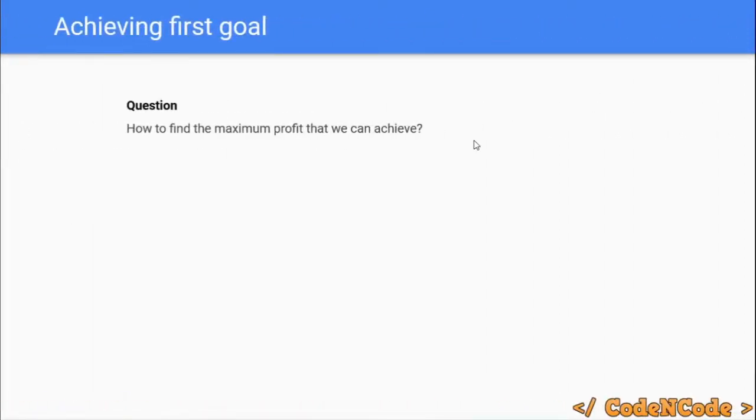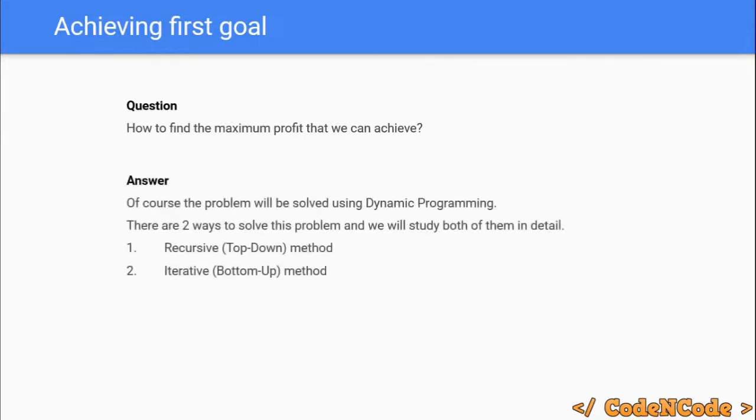Now the question is, what is the maximum profit that we can achieve? Basically, we are going to tackle the first goal. Now how will we find the maximum profit that we can achieve? Of course, this is a dynamic programming lecture, so we'll be using dynamic programming, and there are two different approaches, and we'll be discussing both of them in detail.